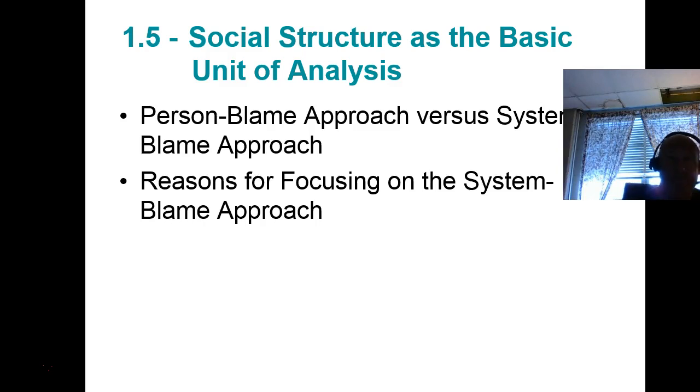A unit of analysis could be an individual, certainly, but it can also be, for example, if I was looking at the divorce rate, marriages. That's a unit of analysis. It's two individuals, right? And so when we talk about social structure as a basic unit of analysis, the thing we're going to analyze is a social structure.